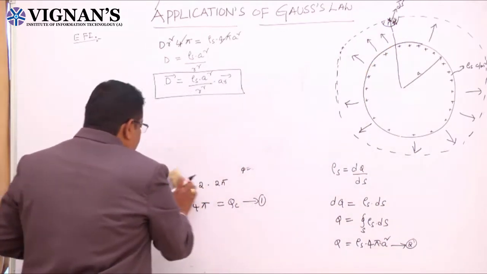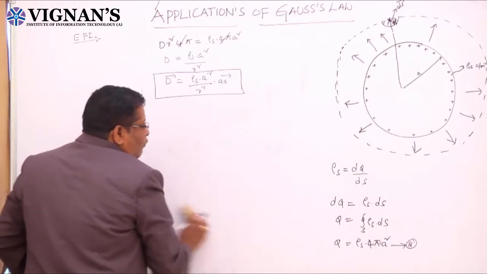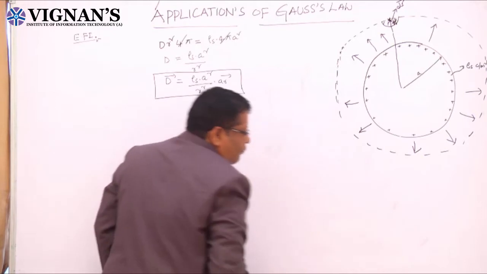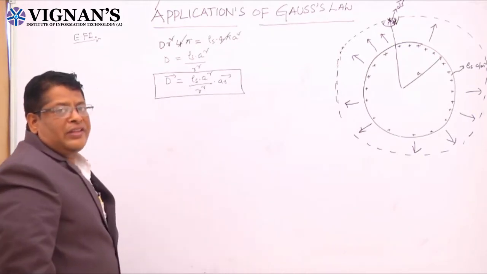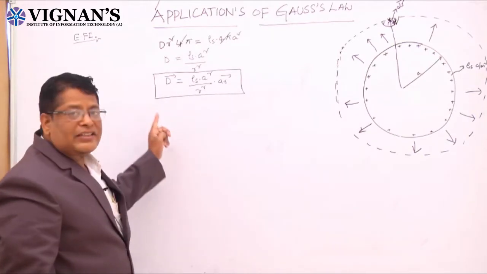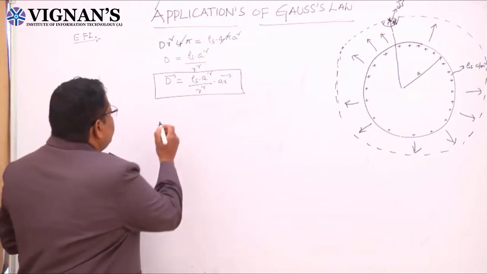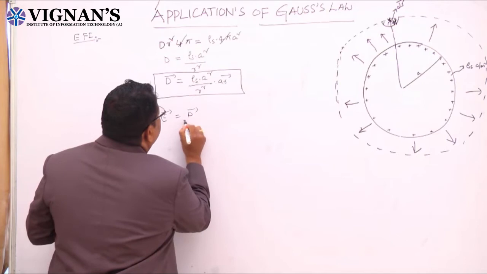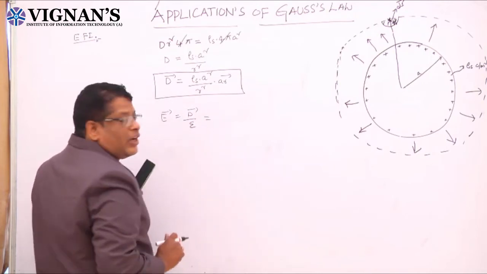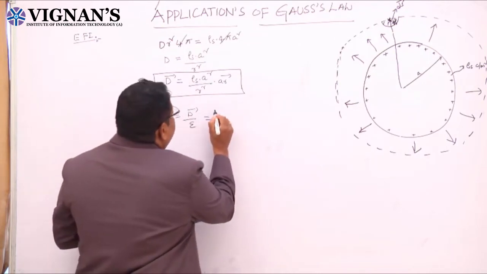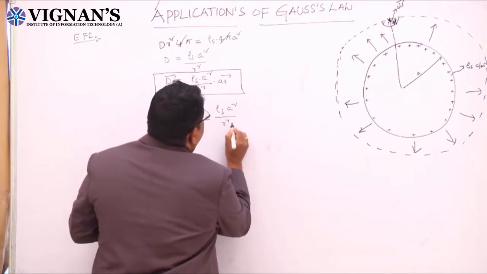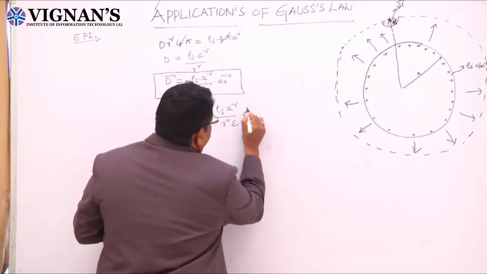Now we are going to find the electric field intensity at this point. Already we know the relation between flux density and electric field intensity: E bar equals D bar by epsilon. In place of D bar, we can write rho s a square by r square epsilon a r bar.